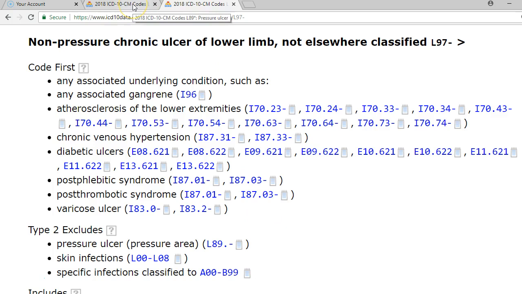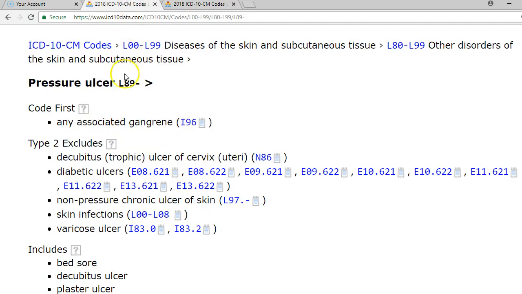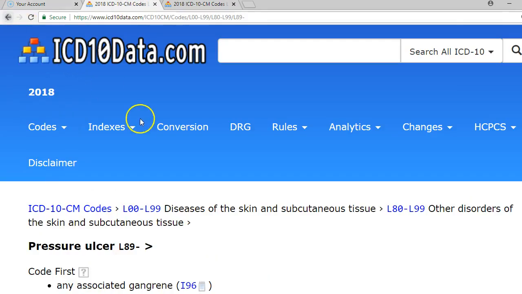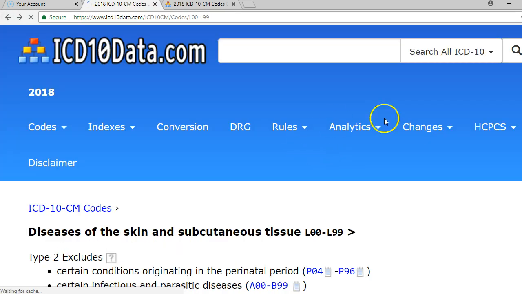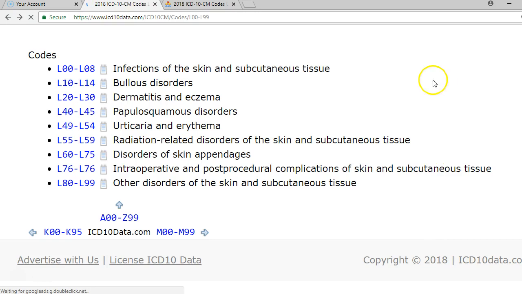But again, these are not the only codes in this section. So just as a reminder, what else are we going to find within this? So again, the first set is we're going to find our infections of the skin and subcutaneous tissue. So again, these are going to be things that children can pick up and that we can pick up from the public.